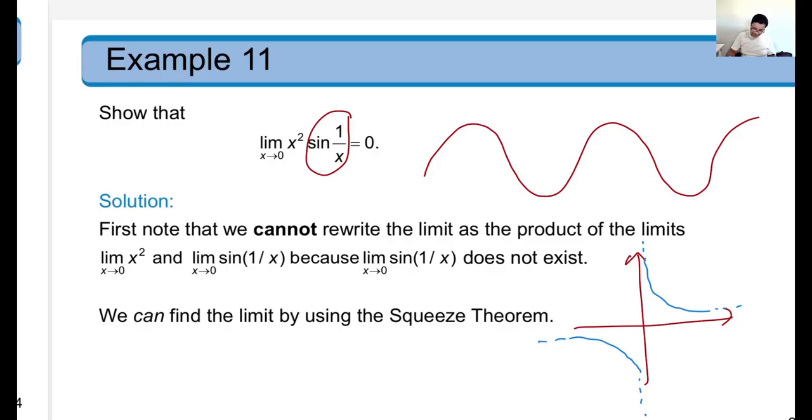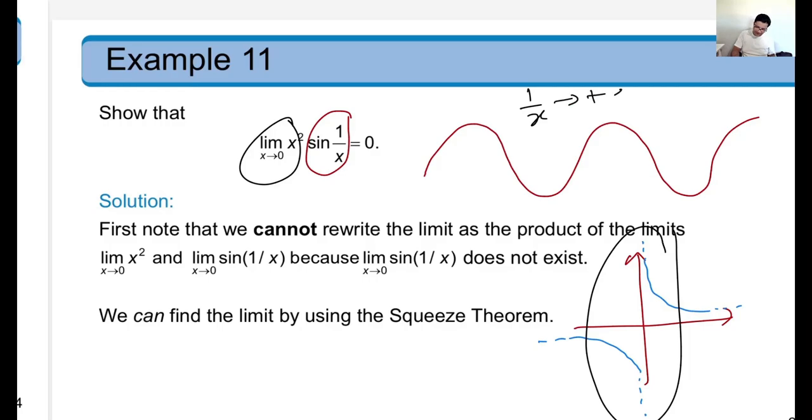Right? And focus particularly when you're approaching zero, like in this limit here. When you're approaching zero, okay, the values of 1 over x, you can see if you are on the positive side, 1 over x is going to plus infinity. And if you are on the negative side, 1 over x is going to negative infinity as you approach zero.